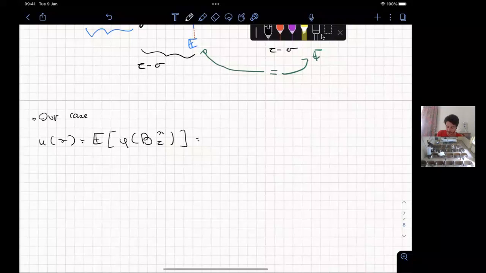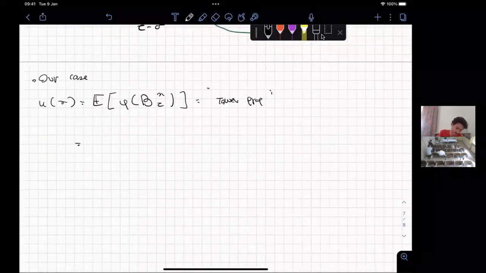Here there is this famous tower property of conditional expectation, a result from probability. And so we write down this guy in this way.